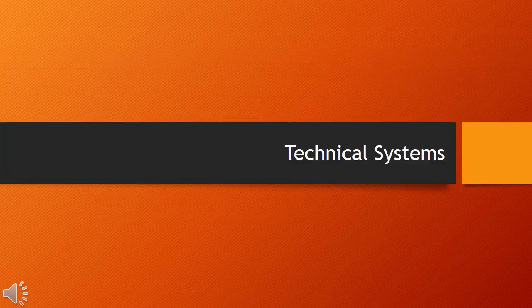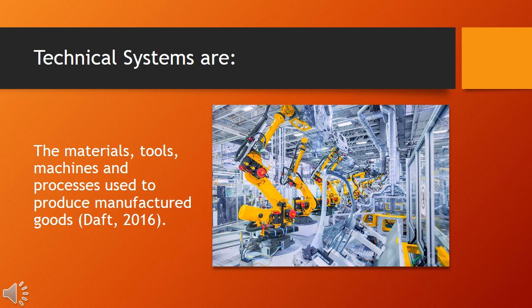Technical systems. Technical systems are the materials, tools, machines, and processes used to produce manufactured goods.